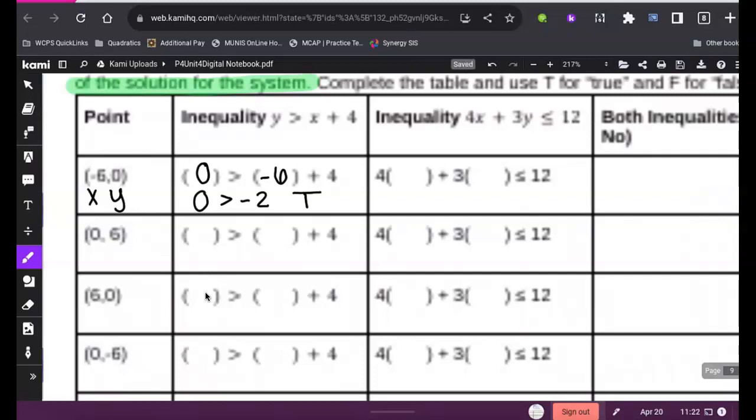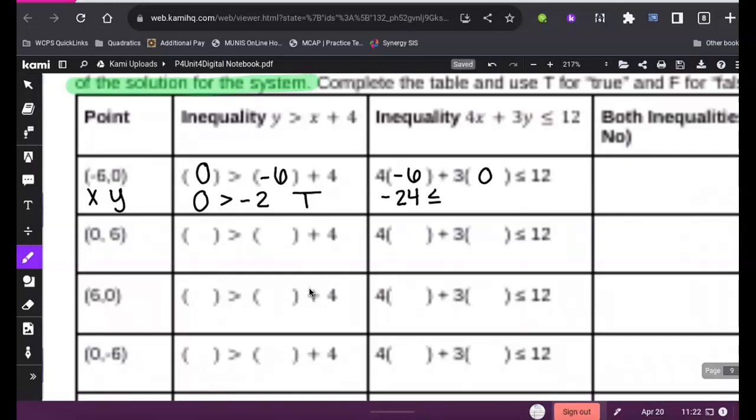Now we're just going to do the same thing for the other inequality. In this inequality, we're going to substitute -6 for x and 0 for y. So we have 4 times -6, which is -24, plus 0, which is just 0.